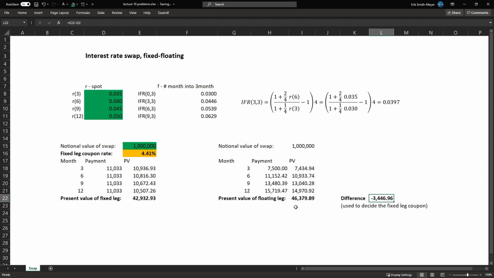However, the opposite, if you're receiving the floating leg and paying the fixed leg, then the difference would be plus 3,000. So this is how you value an interest rate swap after the initialization of the swap.